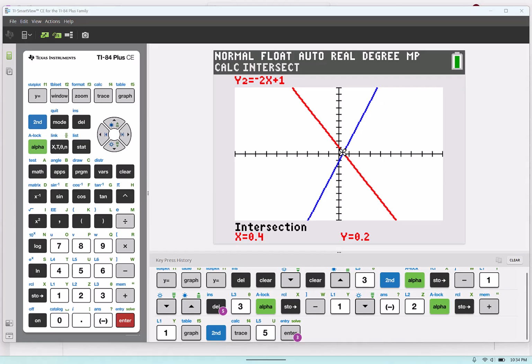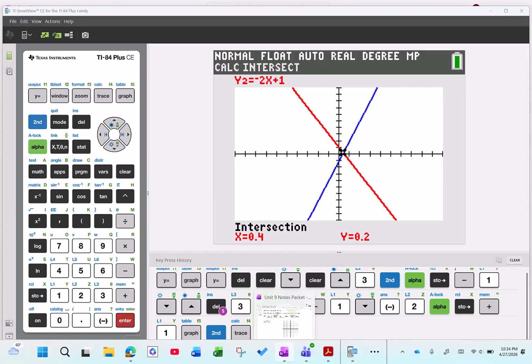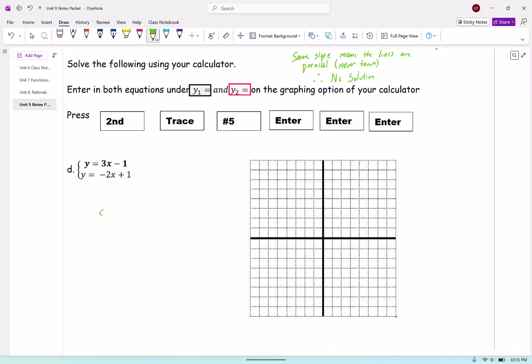All right, so my solution is 0.4 and 0.2. All right, so we could quickly graph that. And so we got 0, 1.